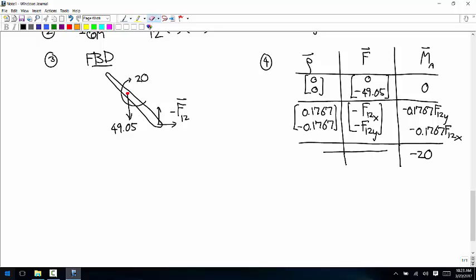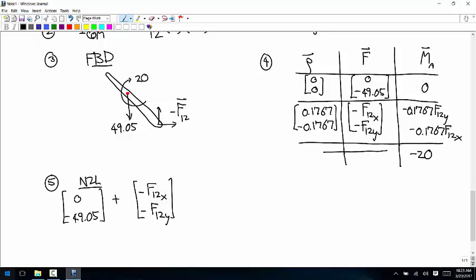Step 5, do we need Newton's second law for this one? Yep. So 0, negative 49.05 plus negative F12x, negative F12y is equal to the mass times the acceleration of the center of mass. I'll just call that A2x, A2y, but we have to remember that represents the center of mass of that body.